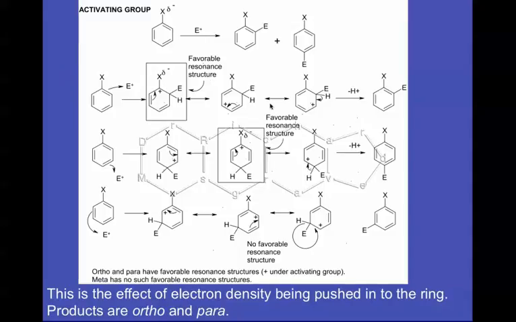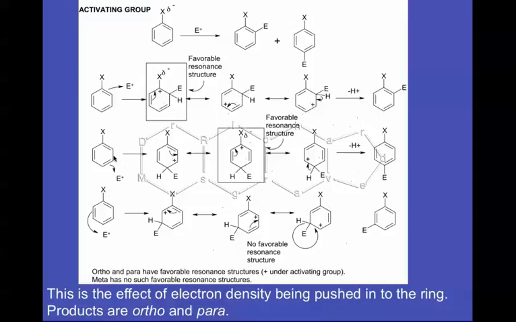All these other resonance structures are neither favorable or non-favorable, but this one is definitely favorable because you've got a positive directly under a negative. So a situation where you've got a positive directly next to a negative is always going to be a good situation. And if we're starting out with an ortho arrangement, then this favorable resonance structure is possible. So that's why I put a square around it and label it favorable resonance structure.